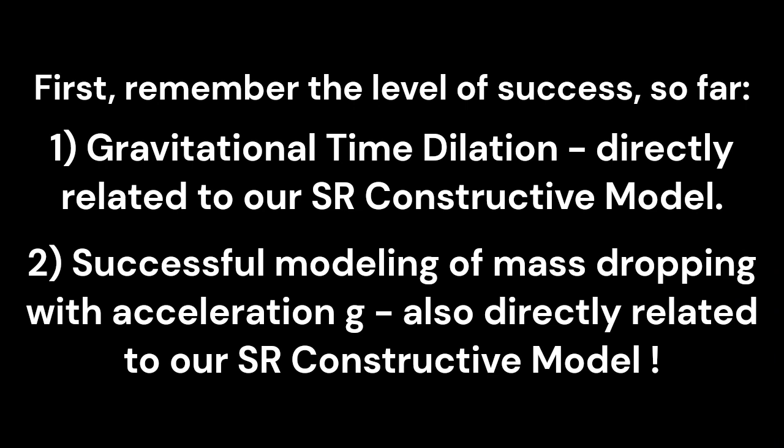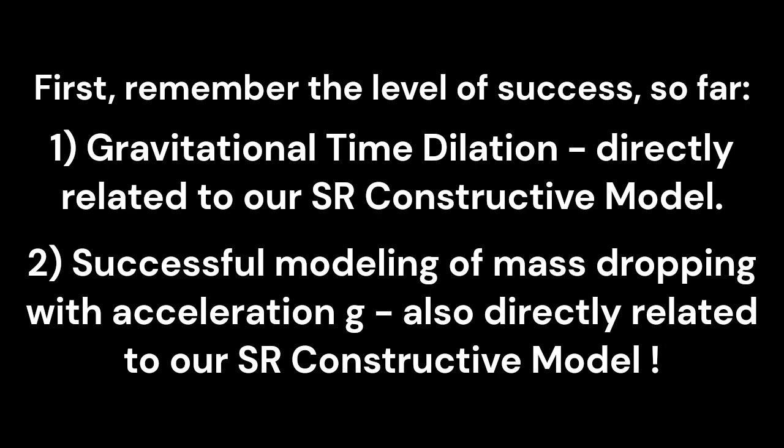First, though, remember, we've had great success so far by using this flow model. We got a good answer for gravitational time dilation directly related to our special relativity constructive model. And the same flow model worked to explain physically why masses drop at acceleration g, also directly related to the constructive model.